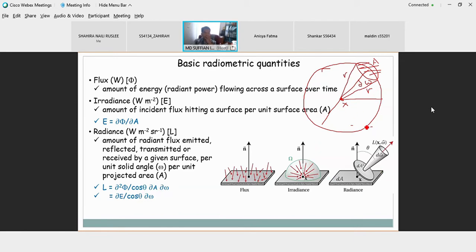Kalau keseluruhan spherical, dia punya solid angle adalah 4 pi steradian. Kalau half, maknanya dia 2 pi steradian.